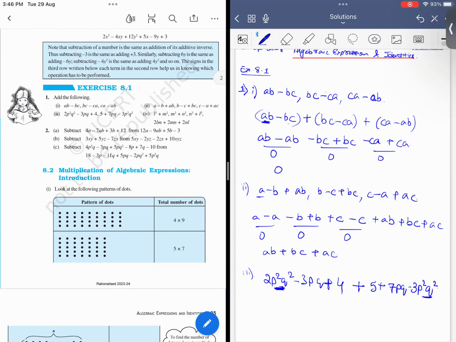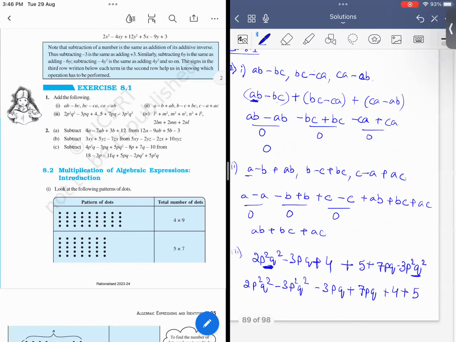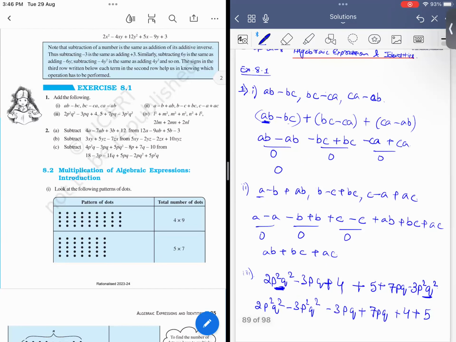So just subtract them. So 2P square Q square minus 3P square Q square, minus 3PQ and plus 7PQ, and plus 4 plus 5. These are the constant terms. So minus 2 minus 3.